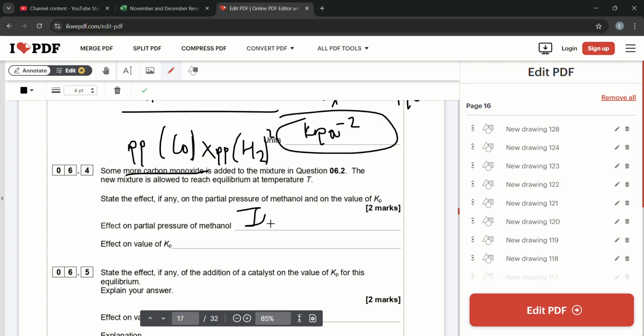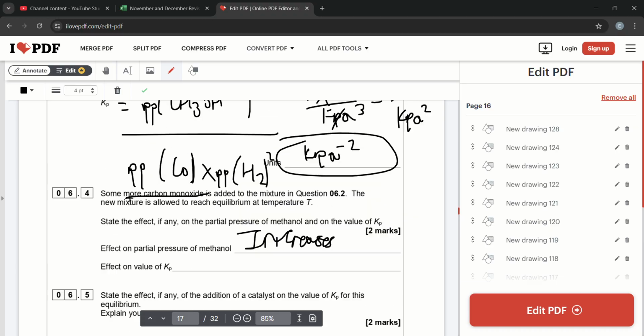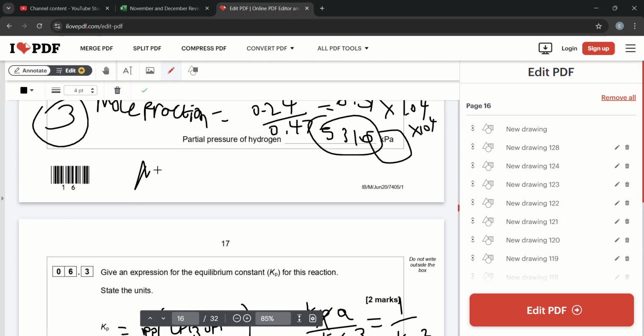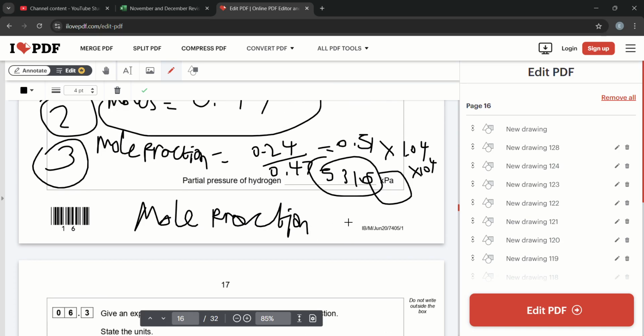Because remember, partial pressure is mole fraction times total pressure. And that is partial pressure.